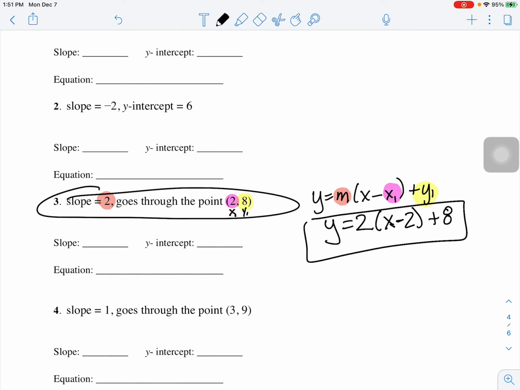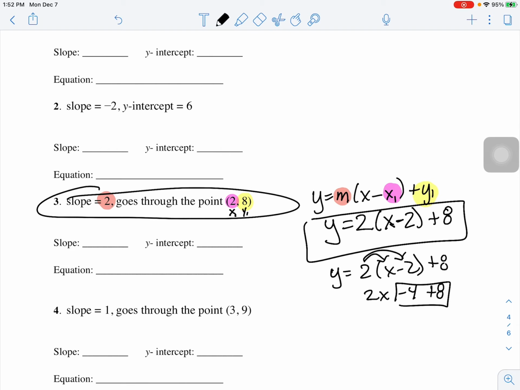And to do that, you're going to do some distributive property. This is just like an extra challenge. To get a more simplified version, we would do the distributive property. 2 times x gives me 2x, and 2 times negative 2 gives me negative 4. And then I finish the equation plus 8.